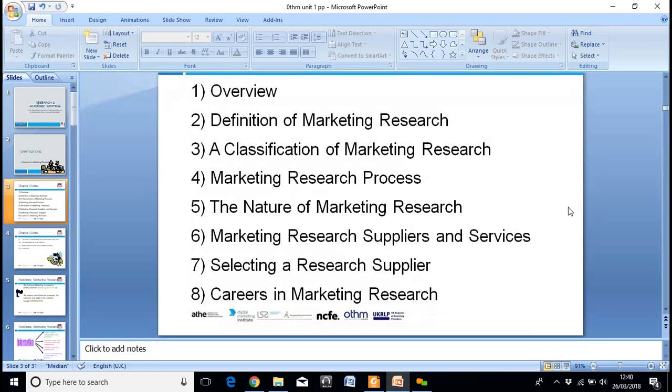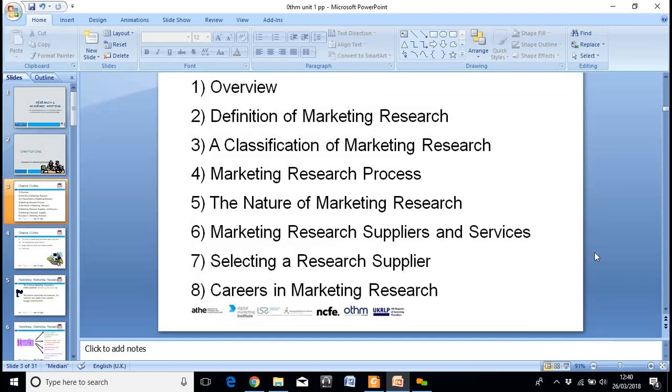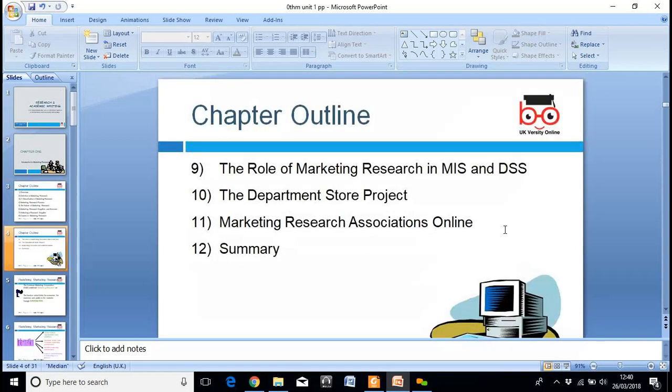If you're a company and you're going to use other suppliers and research services, you've got to be happy with their service, whatever they provide for you is going to be done properly. So obviously you've got to do some research into the suppliers themselves. And then selecting a research supplier, and then something about careers in marketing research.